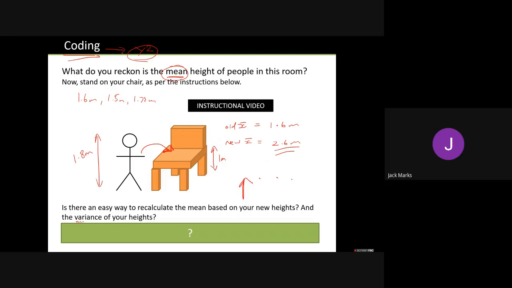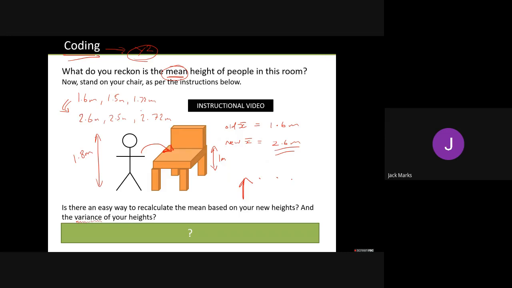But what about something like the variance of the heights? Let's take this example here. As we can see how much they vary, it's not a massive amount. If everybody stood on the chairs, we would have 2.6 meters, 2.5 meters, 2.72 meters. Sure, they're all higher and the mean is higher, but how much do they vary?